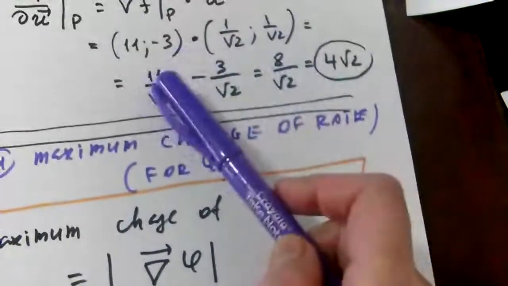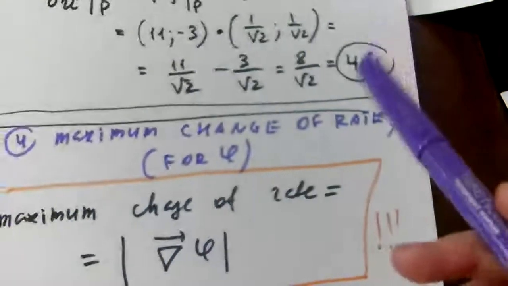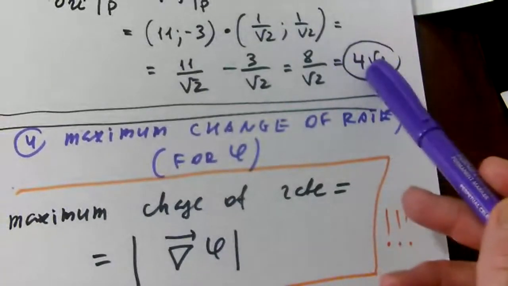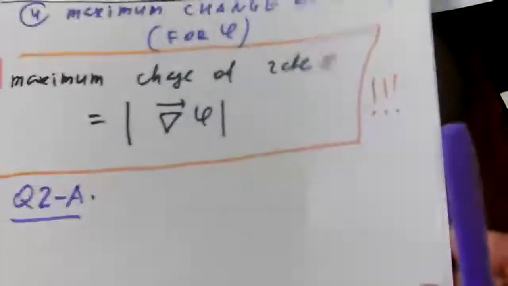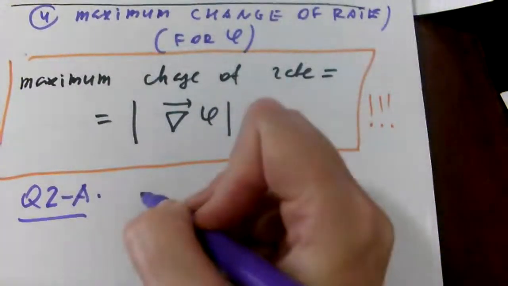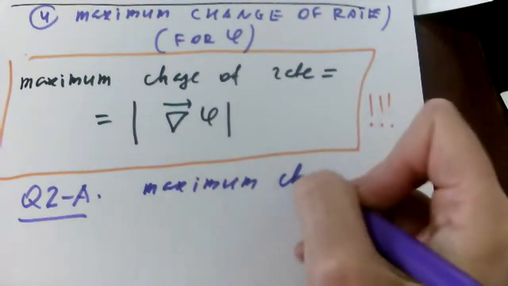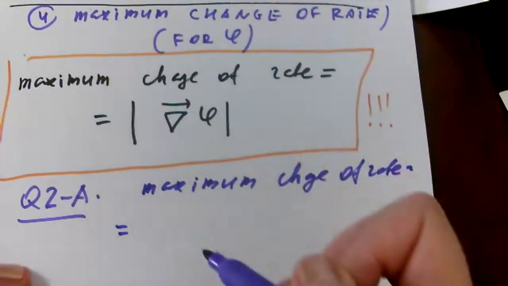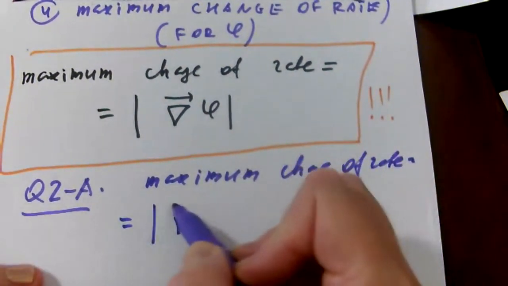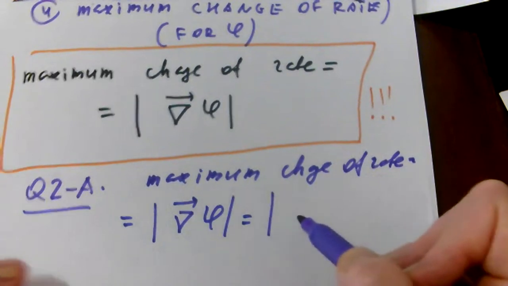The first assignment was to find the directional derivative in this given direction, which we already calculated. It was 4 times square root of 2. But the second question was to find the maximum change of rate. It's just the absolute value, the length of our vector grad phi. What was our gradient?